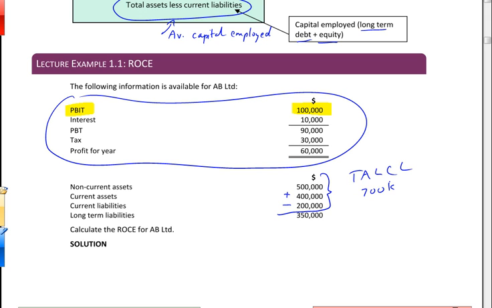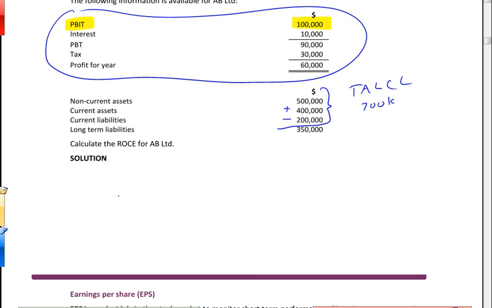So if we want to put that into our calculation, return on capital employed is equal to our profit from operations, 100,000, divided by the capital employed, 700,000, multiplied by 100, and that will give us, if you work that out, 14.3%.